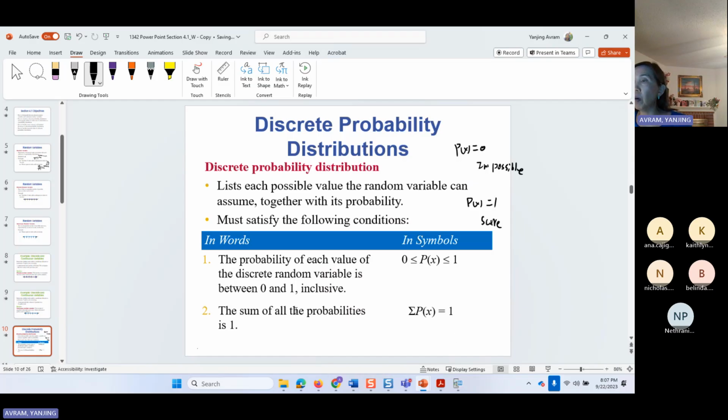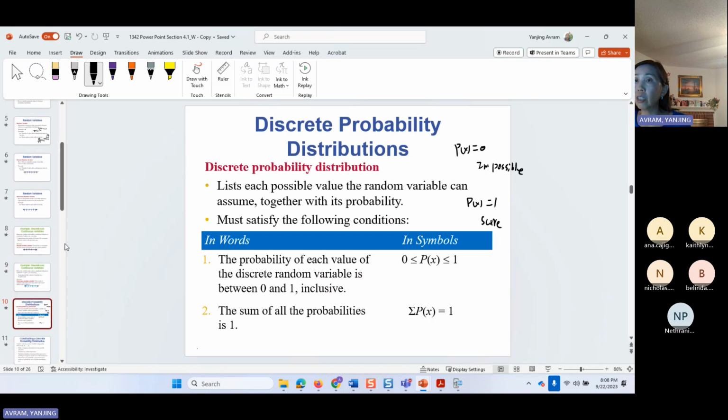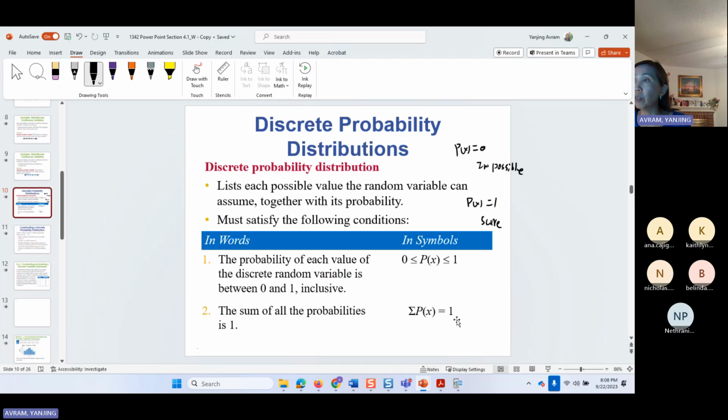And the sum of all the probabilities in one table must add up to 1. That is a probability distribution. If it's not equal to 1, that means the table is not a probability distribution. So if you have only 0.9 or if you have 1.2, not exactly equal to 1, that means that is not a probability distribution. Okay, so those are the basic concepts we need to know first.